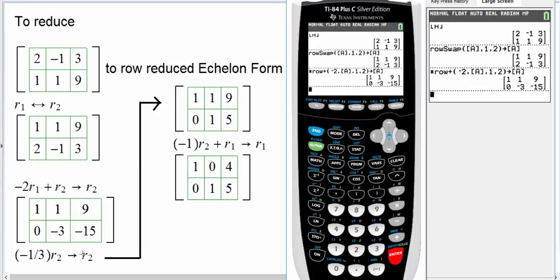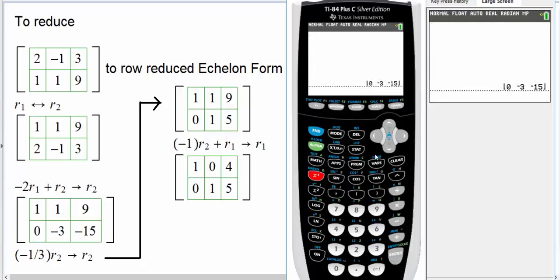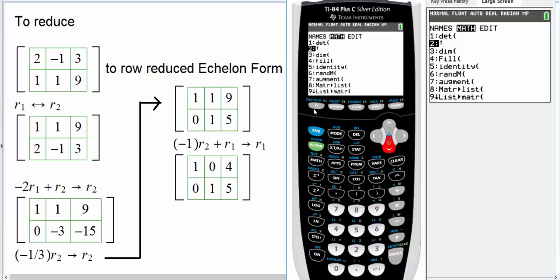Now we would like 1 here, so an easy choice is to multiply it by -1/3. Now remember, I think it was the choice D, but let me just confirm here.